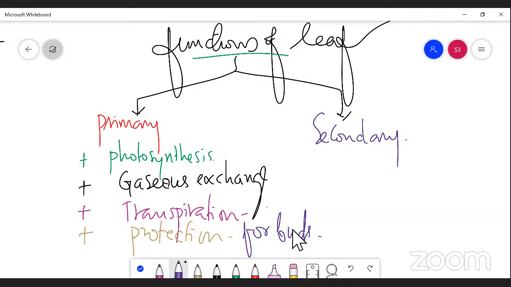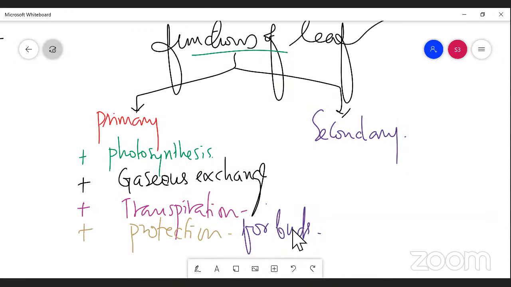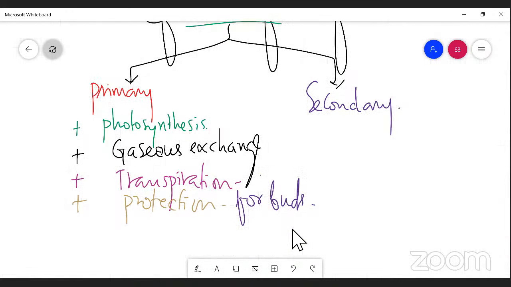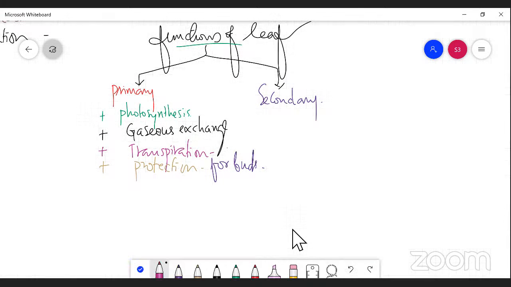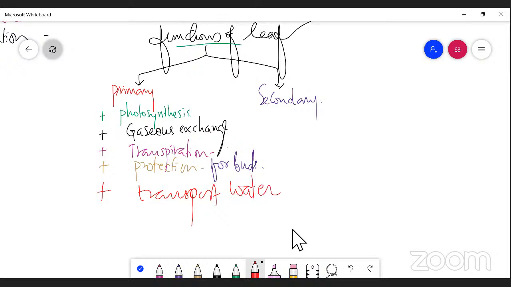What about the secondary functions? One more thing, it also transports water, minerals, and dissolved substances, right?